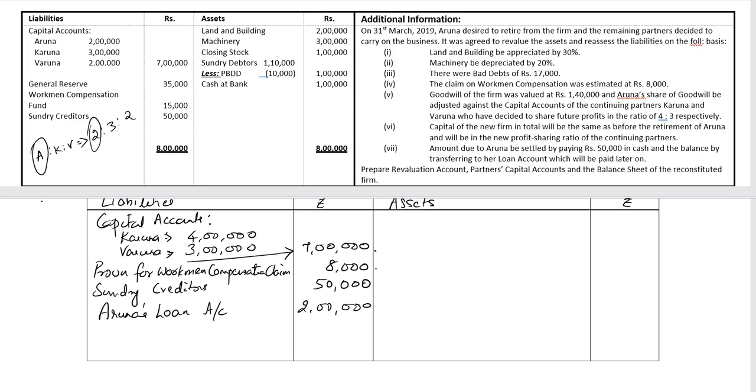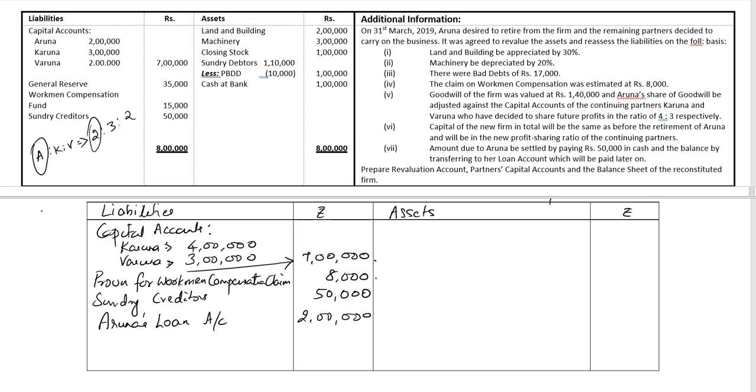Let's continue with the asset side items. Land and building. Book value 2 lakh. We appreciated it by 60,000 rupees. So now it's 2 lakh 60,000. Machinery.